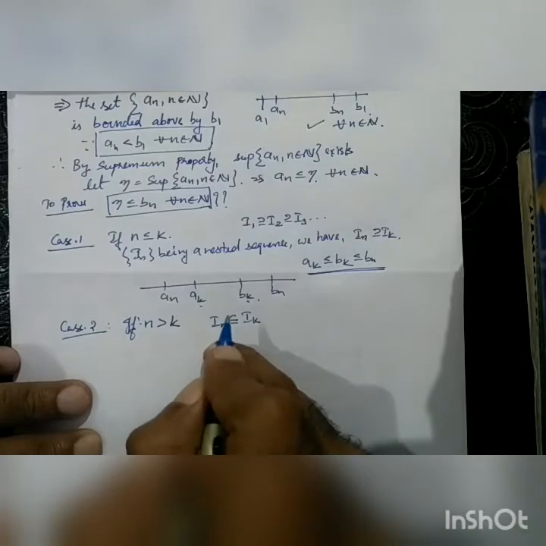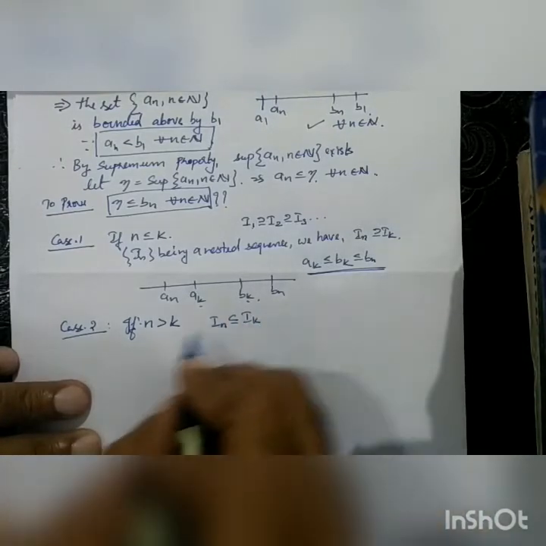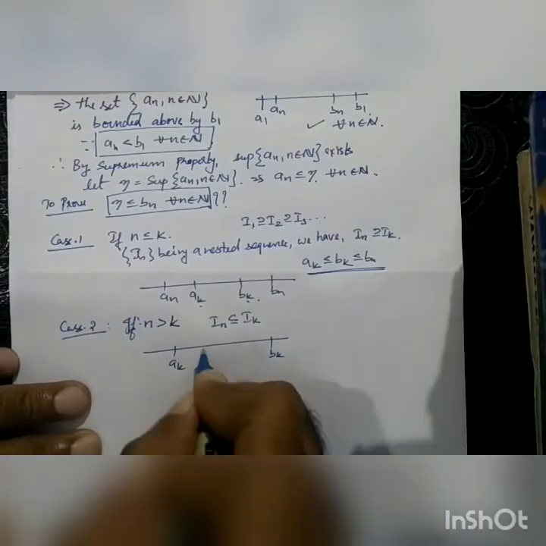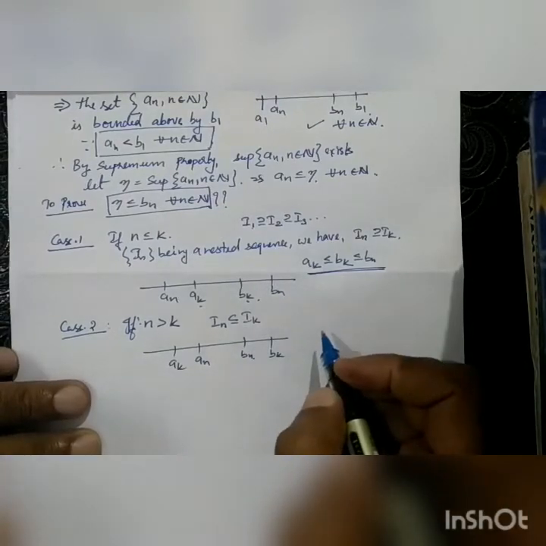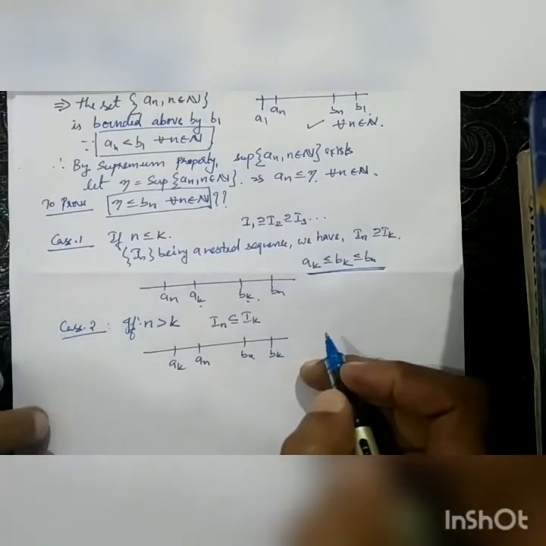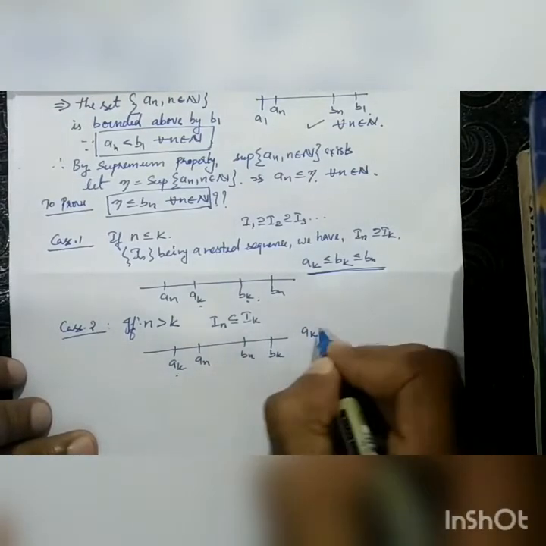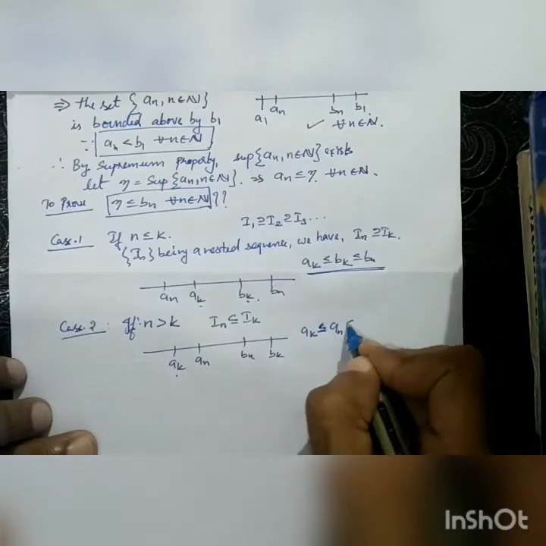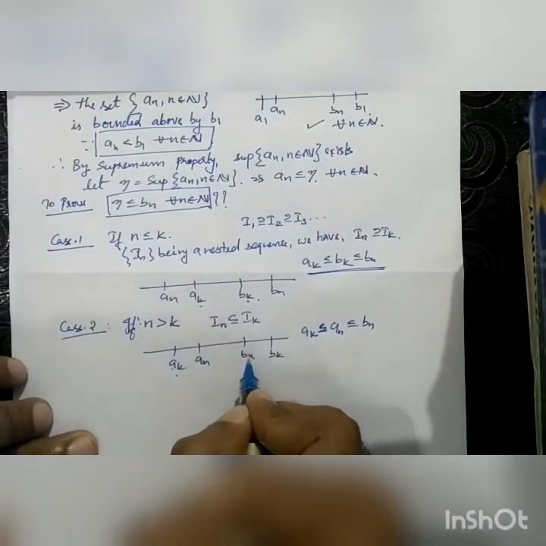Ik is bigger, therefore you have ak, here you have bk, you have an, and here you will be having bn. Therefore we can write ak less than or equal to an less than or equal to bn.